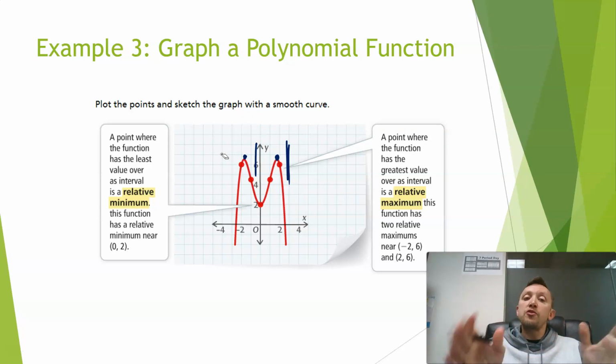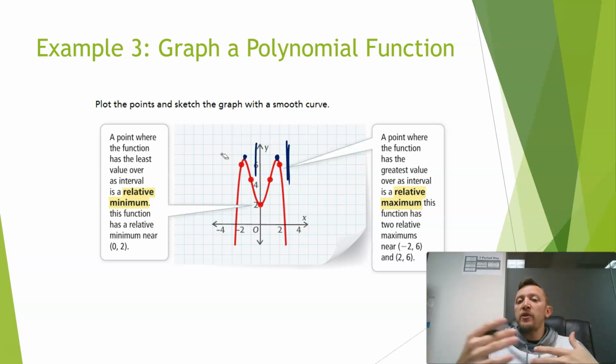So we would have 2 relative maximums, near the coordinates negative 2, 6 and positive 2, 6. We don't know the exact values. And there's only one relative minimum, near the point 0, 2. In order for it to be a relative minimum or relative maximum, it has to change direction at those points. So we have 2 relative maximums and only 1 relative minimum.